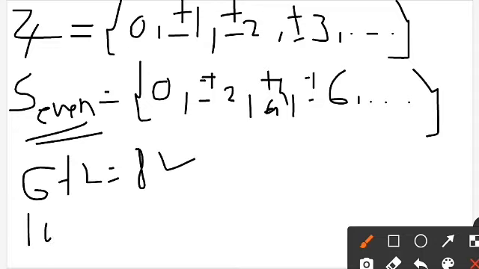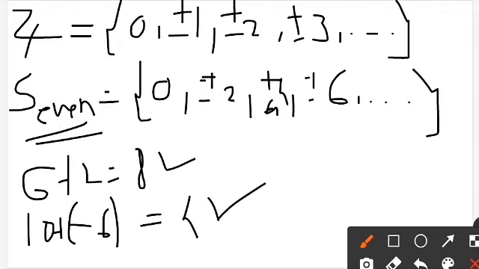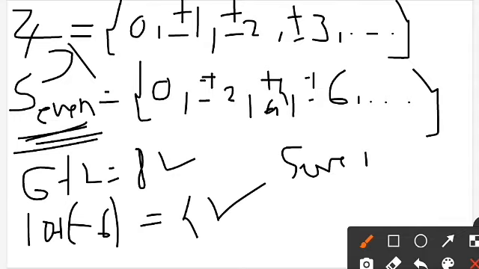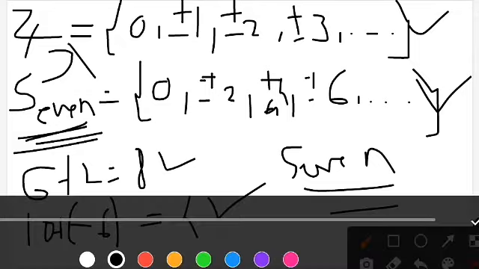Let's suppose 10 and minus 6 under addition operation, so it will give us 4, which is also even, so it is closed. Therefore this is closed, right? And also it is a subset of Z and itself is a group, therefore this is a subgroup of Z. Therefore the set of all even integers is a subgroup of the set of integers.